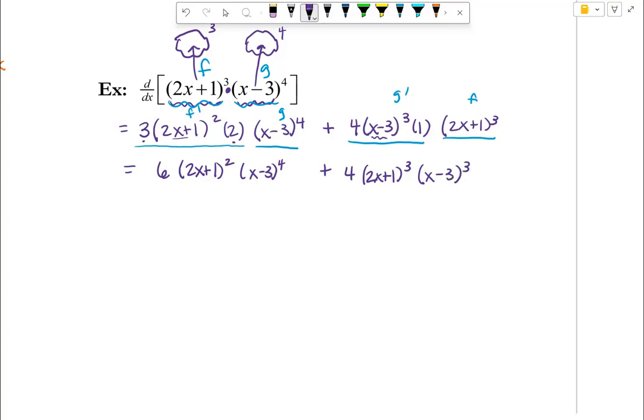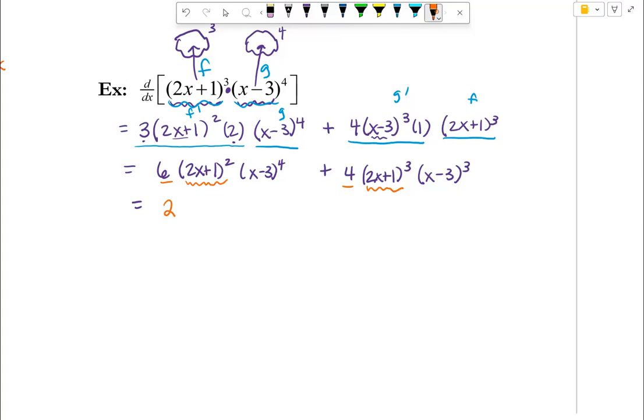So now what we'll commonly see is that we'll often pull out a greatest common factor. So if I consider just my 6 and my 4, what's the GCF of 6 and 4? Well, that's just the number 2. In fact, I'm going to do my GCF in orange. All right, next I have to look at my factors of, let's say, 2x plus 1. And each term has multiple factors of 2x plus 1.